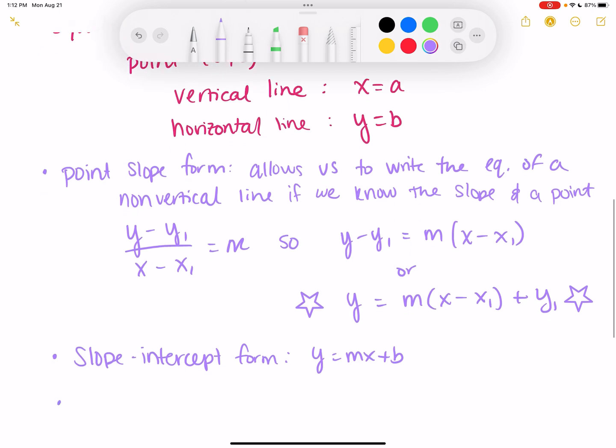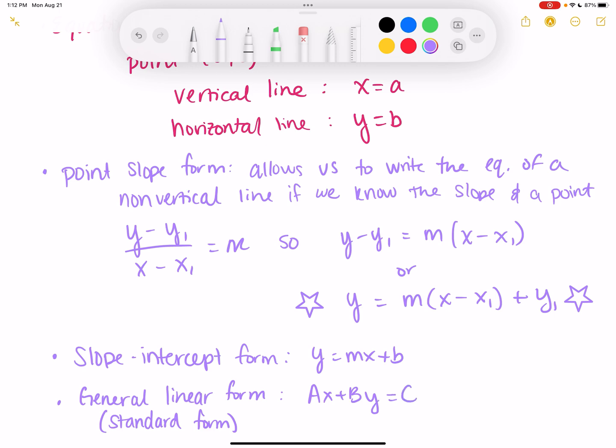And then general linear form, or what you've probably traditionally heard as standard form, is ax plus by equals c, assuming a and b are not equal to 0.